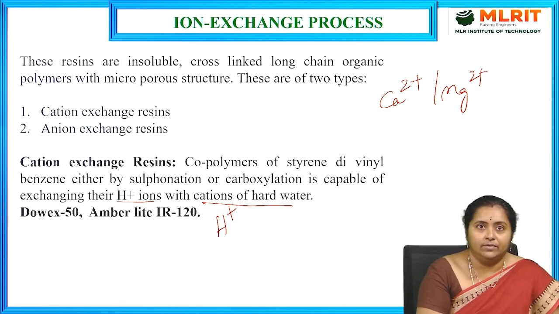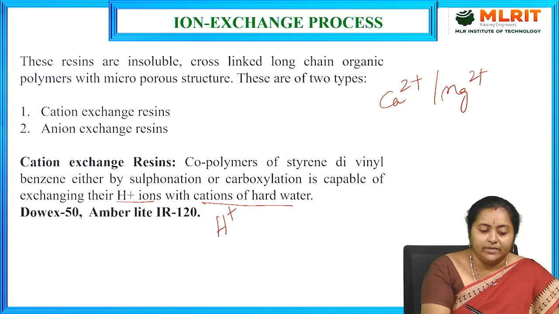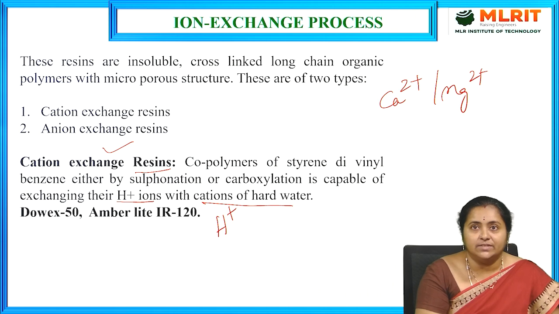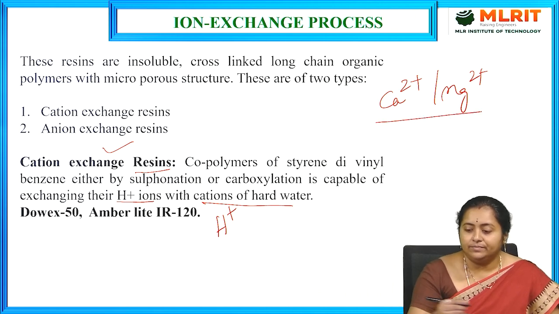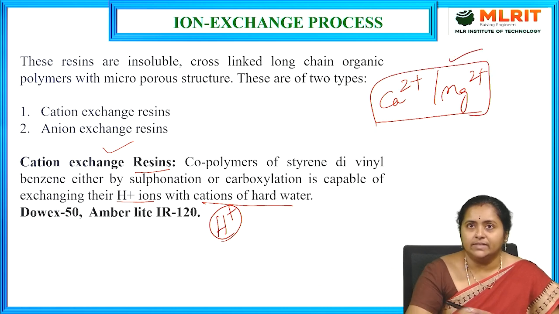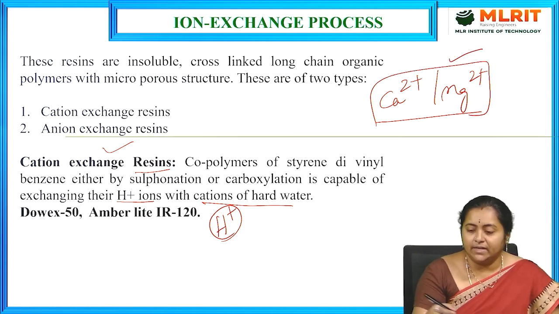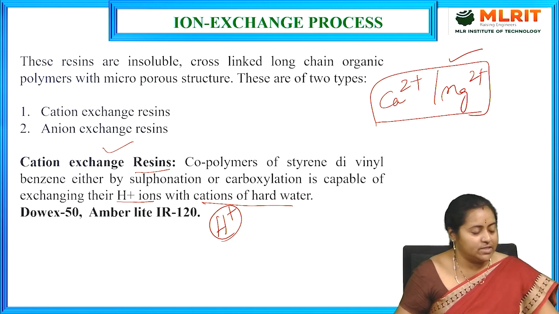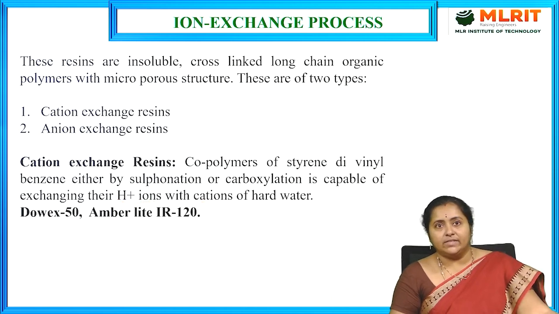Whenever hot water is allowed to pass into the cation exchanger fitted with this cation exchange resin, the H plus ions are mutually exchanged with the calcium and magnesium ions present in the hot water sample. Such resins are called cation exchange resins.